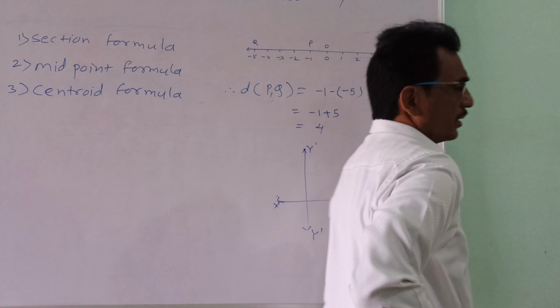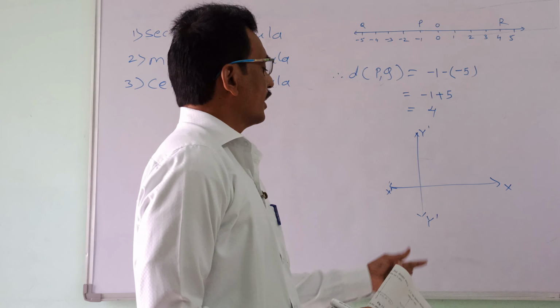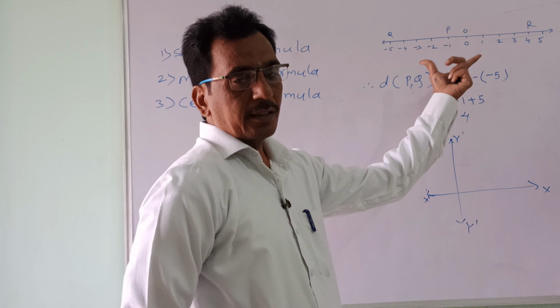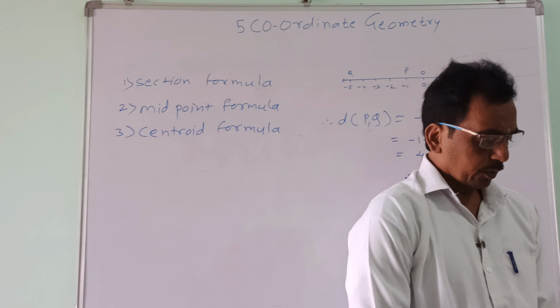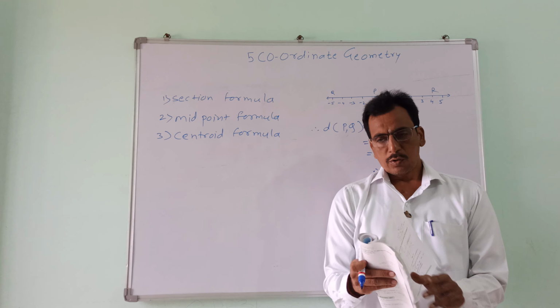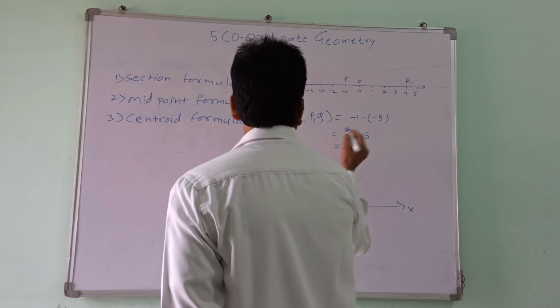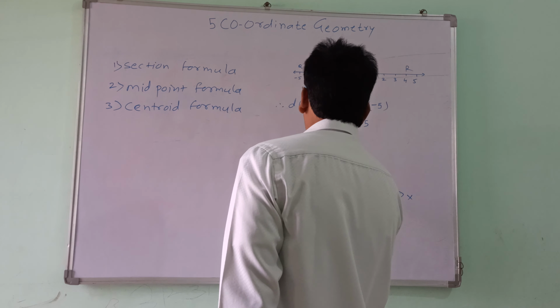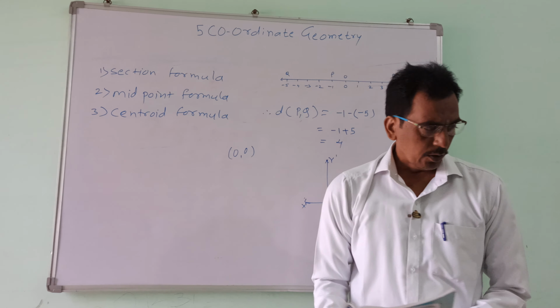Like the number line, any 2 points on the axis are like the points on the number line. So we don't discuss this. Now you also know that the coordinates of the origin are 0, 0. Coordinate of origin are 0, 0.